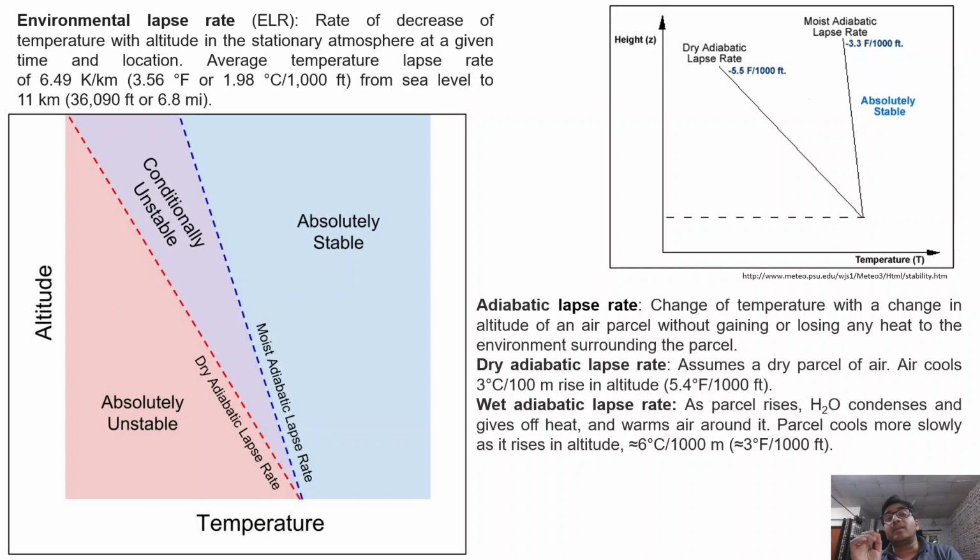While there is another important lapse rate called adiabatic lapse rate. We all know what adiabatic processes are. The adiabatic lapse rate is of two kinds: the dry adiabatic lapse rate and wet adiabatic lapse rate. So what happens over here?